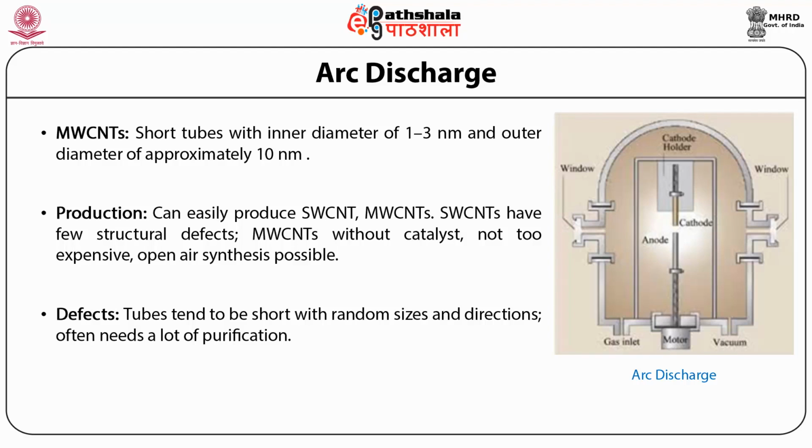For producing single wall carbon nanotube, we need some metal catalyst which allows them to grow on top of it. In multi-wall nanotubes also we need catalyst, and sometimes it is possible without catalyst also. Since this arcing takes place at very high temperature, around 3 to 4000 degrees Celsius, the defects are very few in arc discharge nanotubes, and therefore they are very inert in nature.